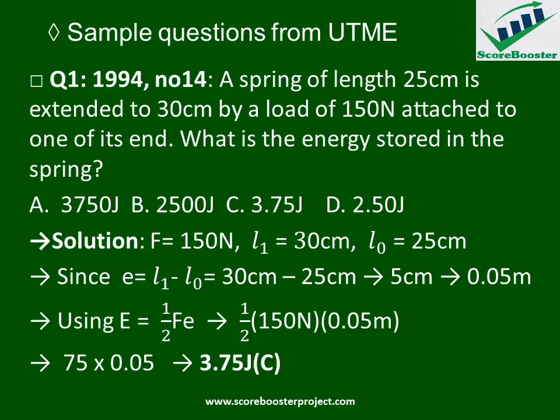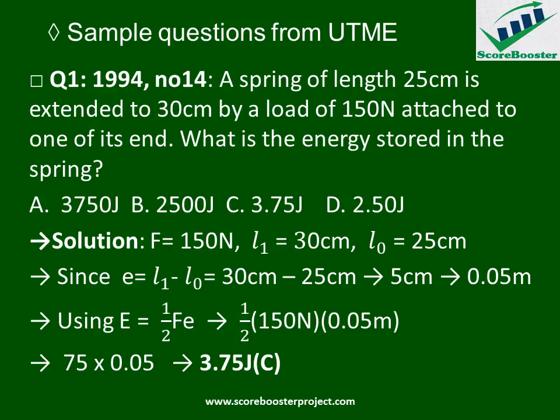But we need to convert it to meter before we can use it in further calculation. And since 100 centimeter equals 1 meter, we can convert 5 centimeter to meter by dividing it by 100, and that will give us 0.05 meter. Now that means our extension is now 0.05 meter.